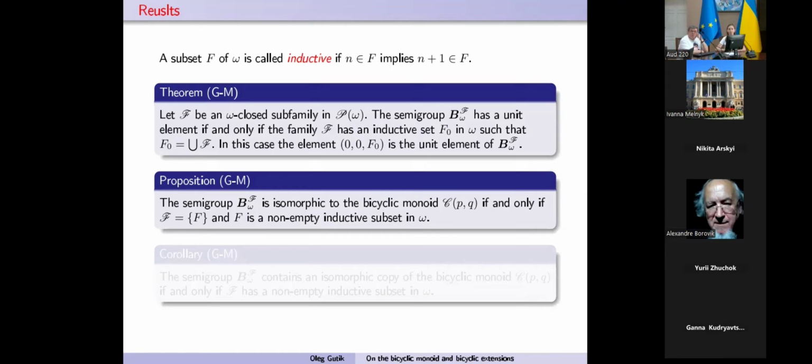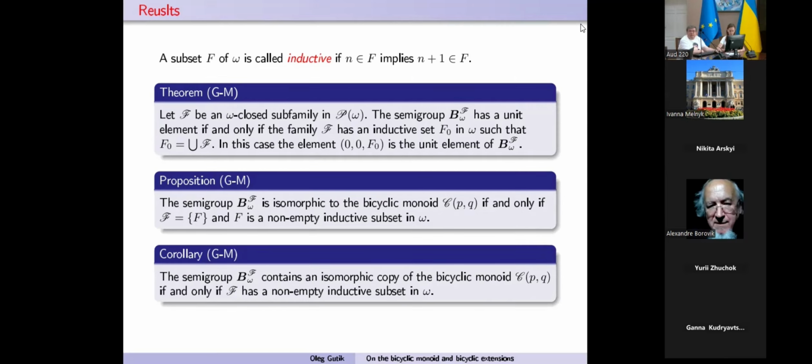A set F is called inductive if X belongs to F implies X plus 1 belongs to F. Because omega is an inductive subset of P(omega). And a very simple corollary: the semigroup B omega F contains an isomorphic copy of the bicyclic semigroup if and only if the family F has a non-empty inductive subset of omega.